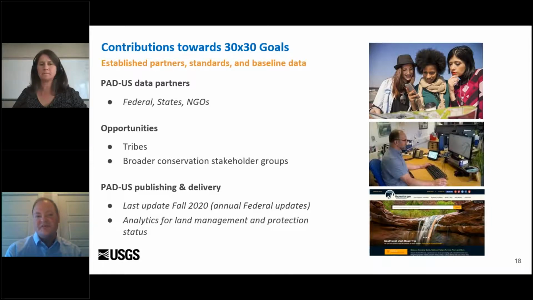So thinking about our partnerships, we have really strong partners through our federal lands working group, whether that's our close DOI partners or NOAA, as Lisa said, as a source of the marine protected areas data. We also have the state data stewards and our NGO partners.